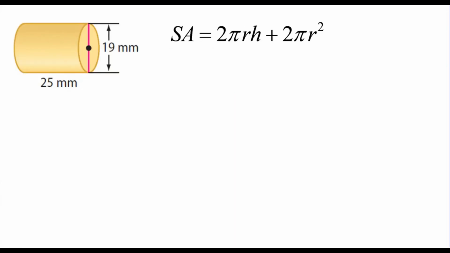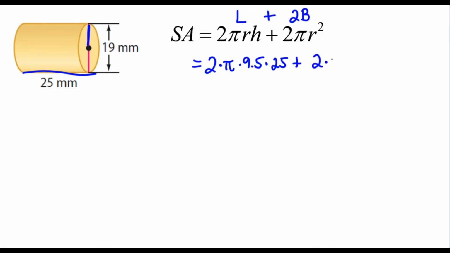So here we have another cylinder, and we want to find the surface area of the cylinder. Again, the lateral surface area plus 2 times the area of the base. That's what we're going to do. So 2 times pi times, well, the radius here is going to be half of 19, which is 9.5, times the height of our cylinder, which is 25, plus 2 times the area of the base, which is pi times 9.5 squared.